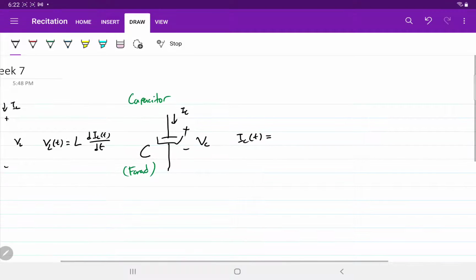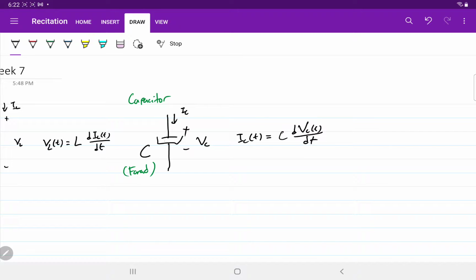So IC of t is C times dVc of t over dt. Again, we can see that the voltage cannot change instantaneously.